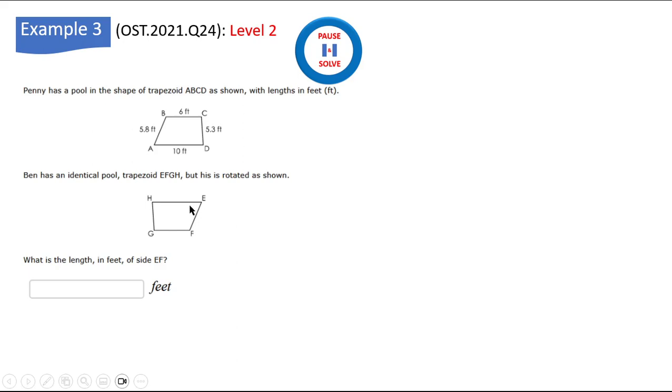Now, if the question was of side HE, that would be really simple. That would be nice, because you can get 10 very easily. This one here is obviously the same as this. So we're identifying some of these angles and some of these edges. Now, this is the very smallest of all the angles.